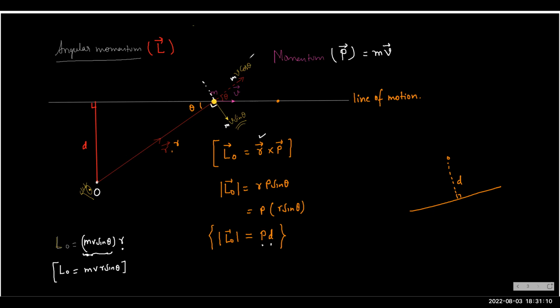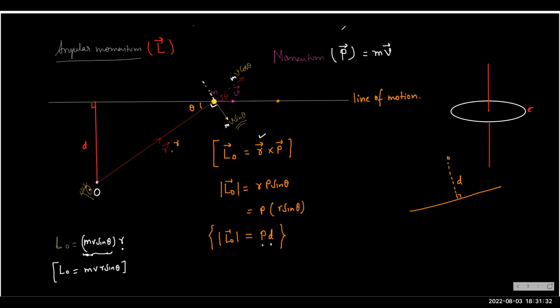So I'll give you the idea of circular motion. Imagine there is a particle called electron, and this electron is orbiting around this circle. So this is again a question of a particle moving.